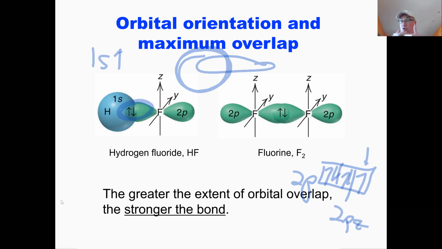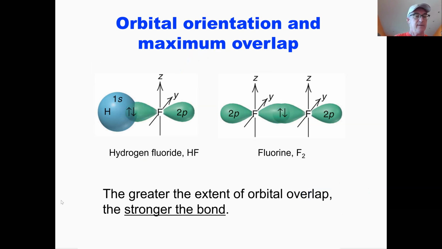Like if you have 2 fluorines coming together, note that this overlap is much better. That's almost complete overlap. So this bond is going to be stronger than this one because the 2 P's overlap each other almost perfectly, and S and P not quite. So it's going to be a slightly stronger bond.